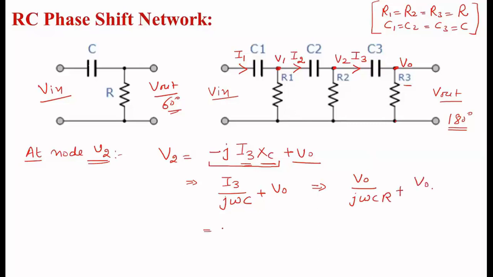Hence we can write V2 as V naught into 1 plus 1 upon j omega CR. This is equation number 1.